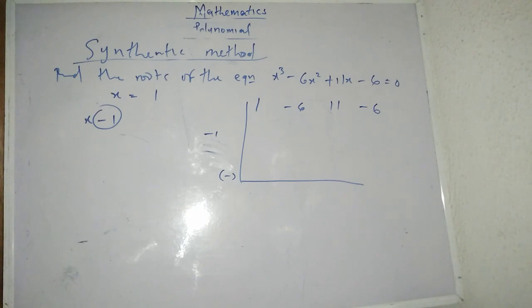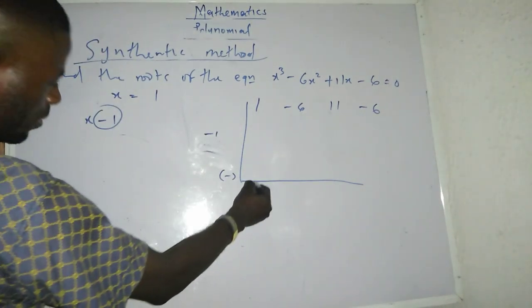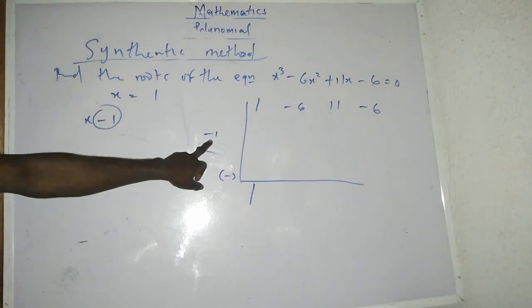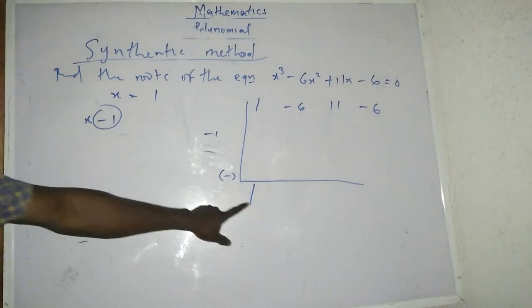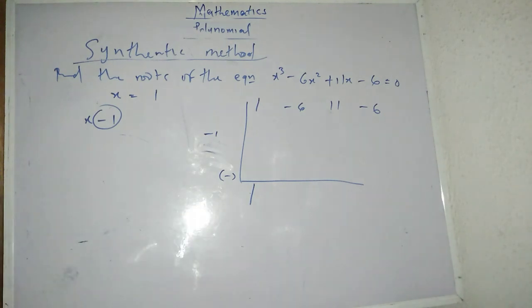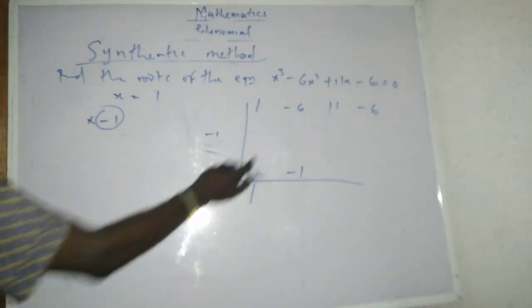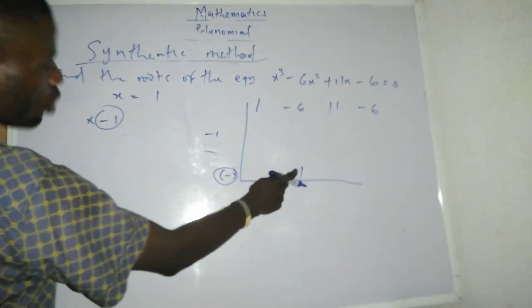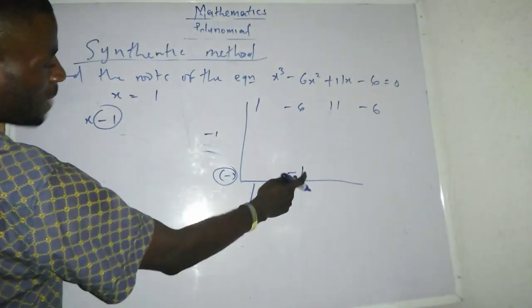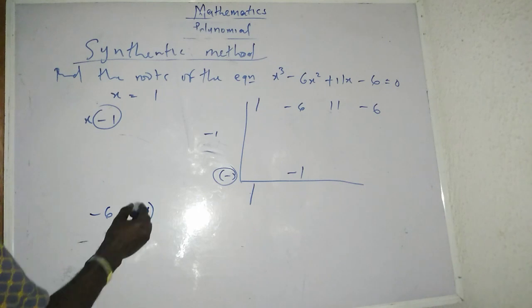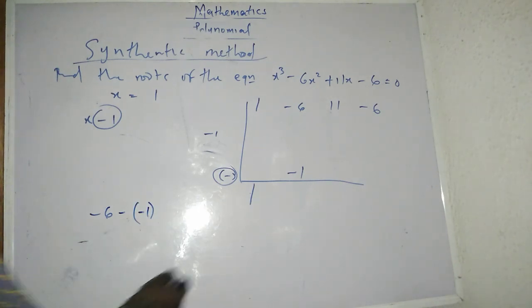The first thing I will do is draw this, and any number that's here, you put it down. Now, I say 1 here, times what is here, which is going to be 1. Then minus 6 plus 1 is going to be minus 5.